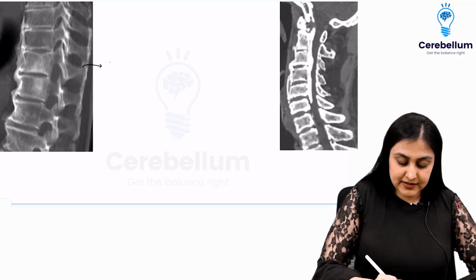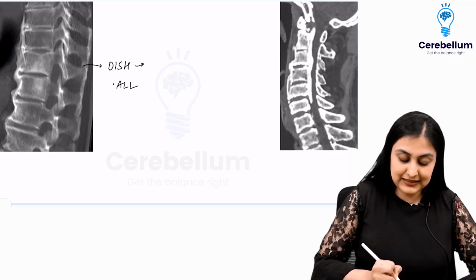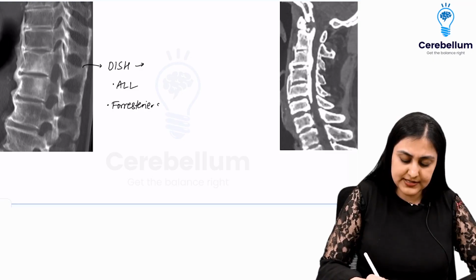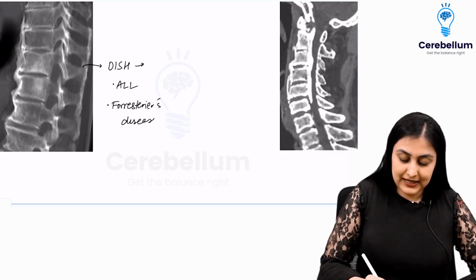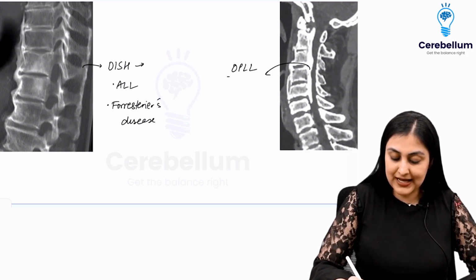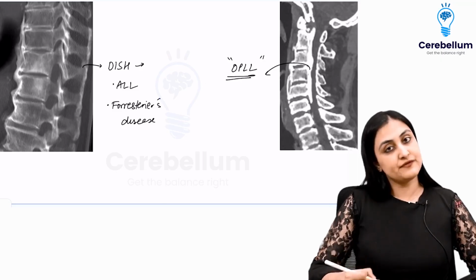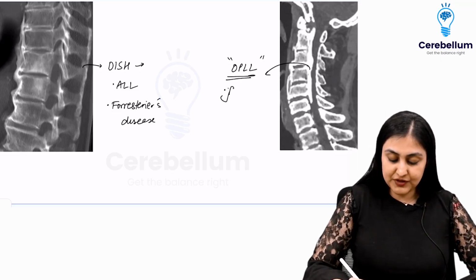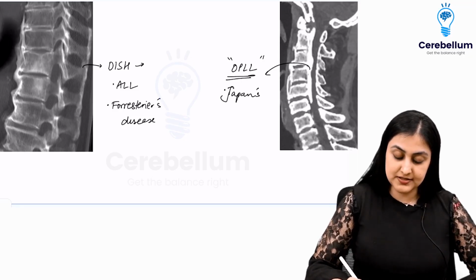So this here is DISH, that is ossification along the ALL. This is also called Forestier's disease. On the other hand, when you have ossification along the PLL, this disease is called OPLL, ossification of posterior longitudinal ligament, and the other name of this disease is Japan's disease, okay?